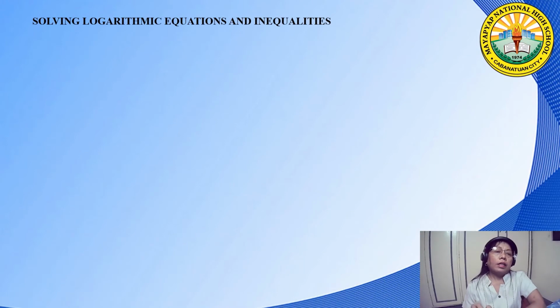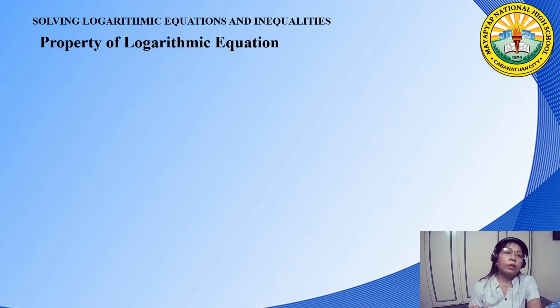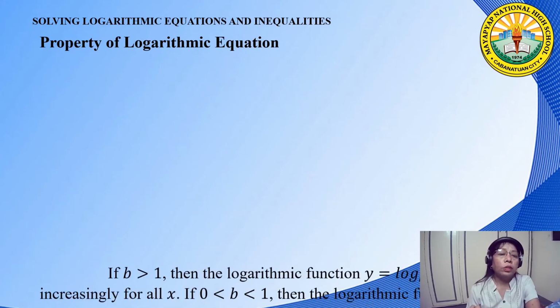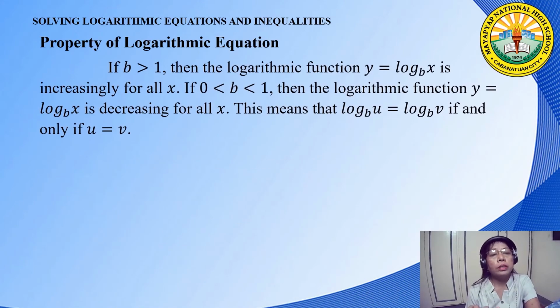Okay, next, solving logarithmic equations and inequalities. So there are properties of logarithmic equations that we need to consider also. If b is greater than 1, then the logarithmic function y equals logarithm of x to the base b is increasing for all x.